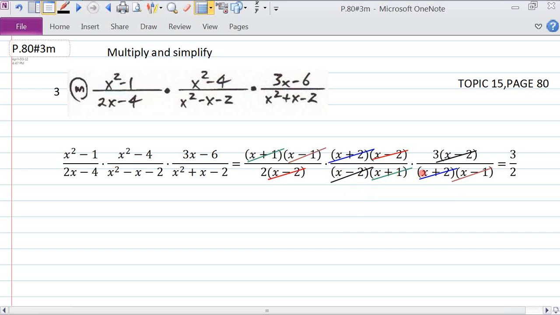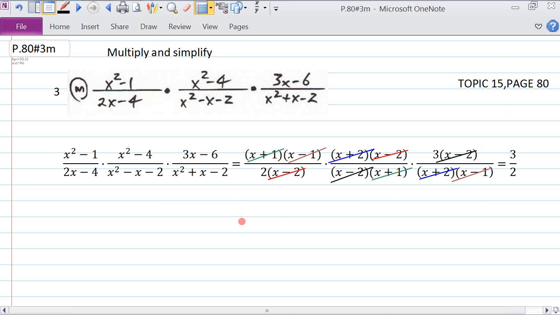This is the same as that, but here one is minus x in the middle, and here is plus x. So in this one, the combination of the inner and the outer, minus 2x plus x, gives me minus x. Here, the plus 2x and the minus 1x gives me plus x.